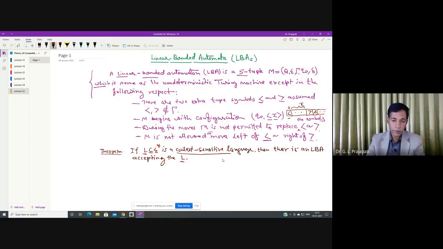So in context sensitive grammar, what kind of production rules are there?